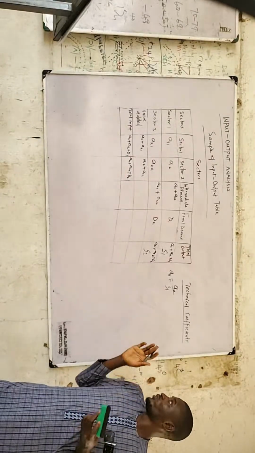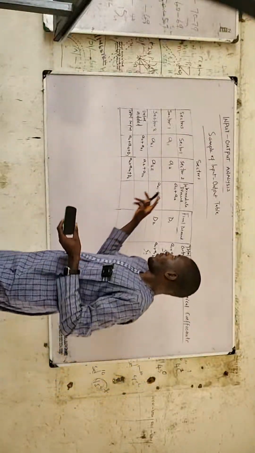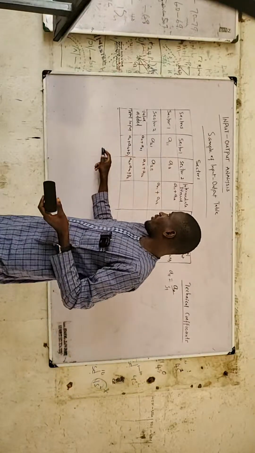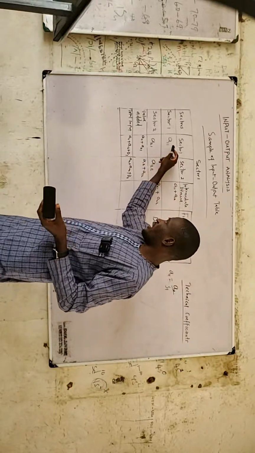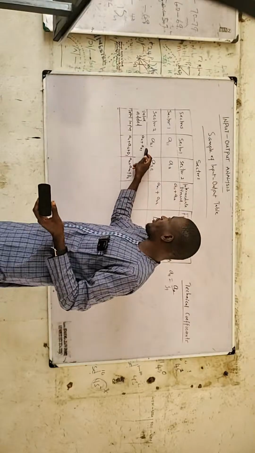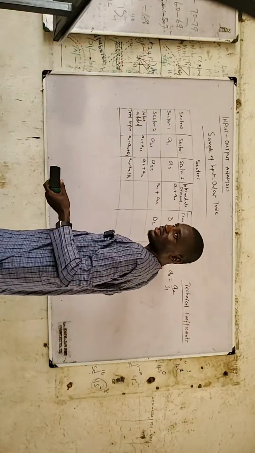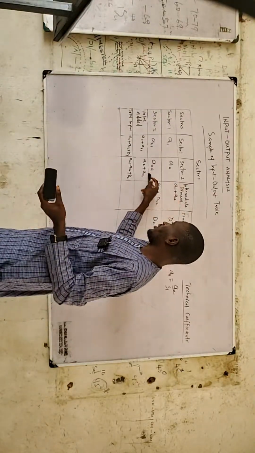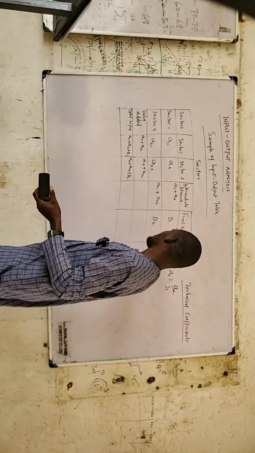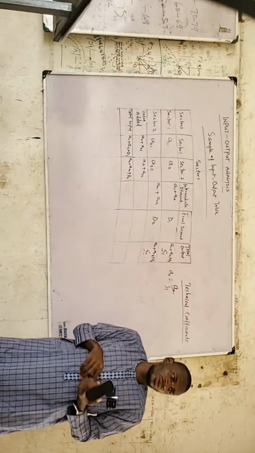That is for you to get a technical coefficient. This is sector 1, sector 2. Everything here divided by the total output in sector 1. Everything here divided by the total output in sector 2 will give you the technical coefficient.